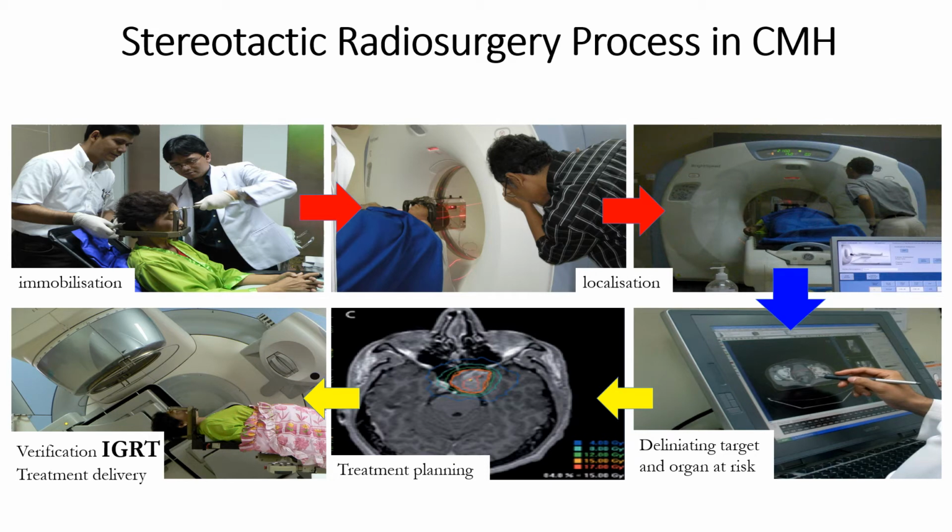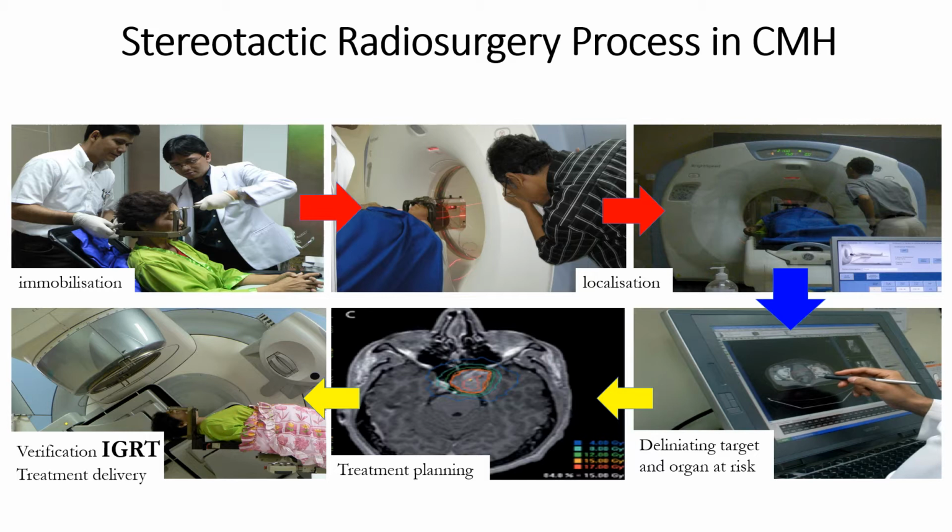Stereotactic radiosurgery, or SRS, is a radiation procedure given in a single session using a very high dose. So it needs to be delivered with very high accuracy and precision. In the past, we delivered this SRS technique using a rigid frame called a Leksell G frame, as shown here, as an immobilization device screwed to the skull to make sure that there will be no patient movement during radiation delivery.